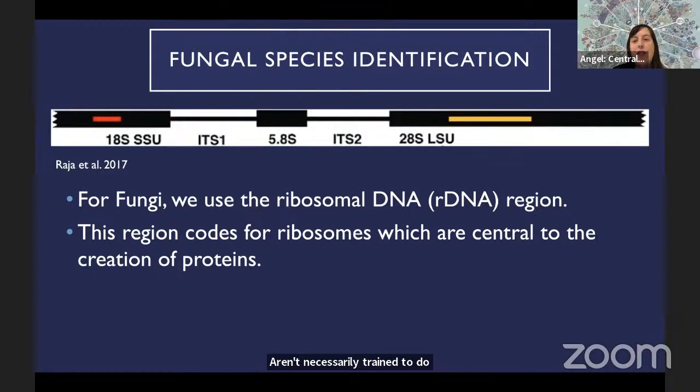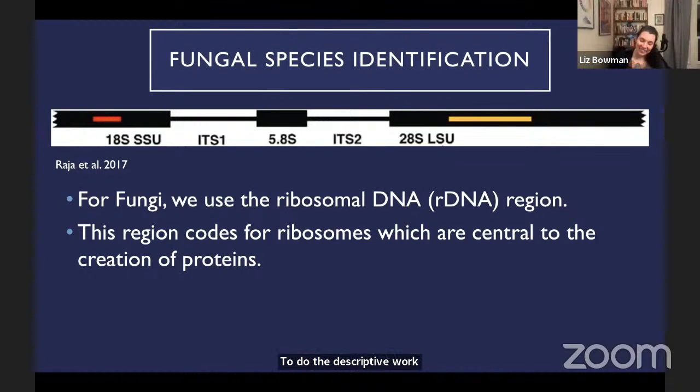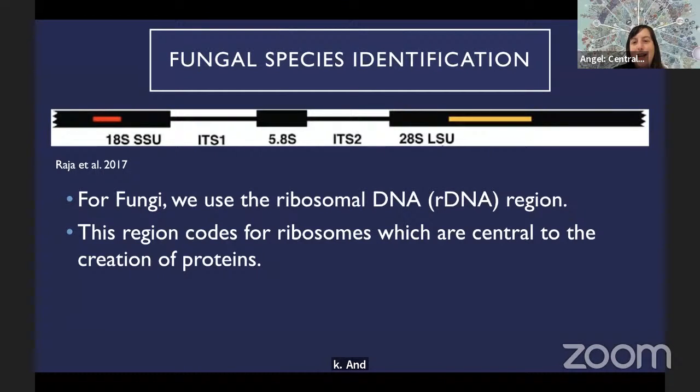That's the challenge they're running into. There are all these new species being named that are just given generic numbers because there's no one in academia to do this descriptive work. That's the challenge that I'm seeing in the fungal taxonomy world right now.